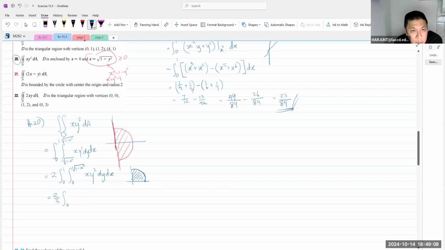2/3 integral from 0 to 1 of x times y cubed, so y cubed from 0 to square root of 1 minus x squared dx. Replace the y cubed, so we have 2 over 3 integral from 0 to 1 of x times 1 minus x squared to the power of 3 halves dx. Think about this.